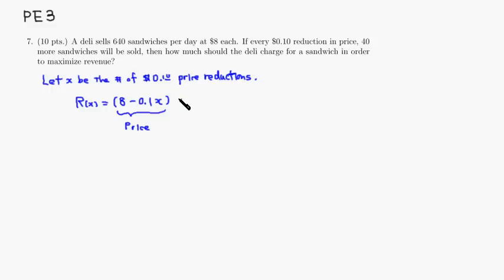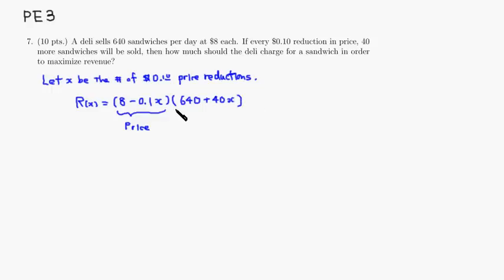Then price times the quantity that they can sell. The 640 is when it's sold at $8 each, but since we did x 10 cents reductions, we have 40 times x more.